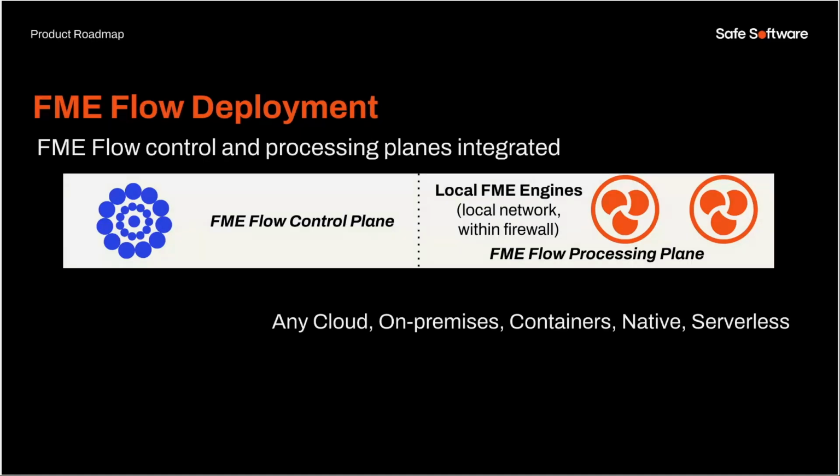The engines were tightly coupled to the control plane, such that we didn't even talk about control plane and processing plane. Yes, you could have the engines, the processing, on different machines, but they were in the same data center. And yes, we have had clients who punched holes through their firewall so they could have engines in remote places. But the architecture of FME Flow did not really support that very well.